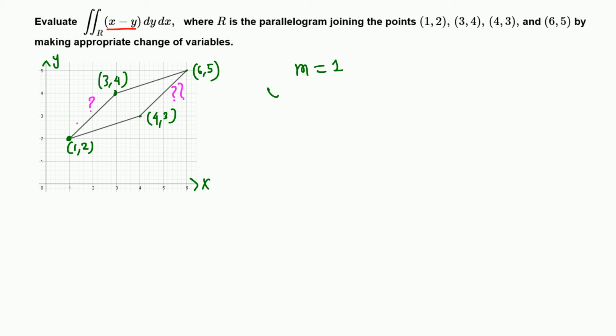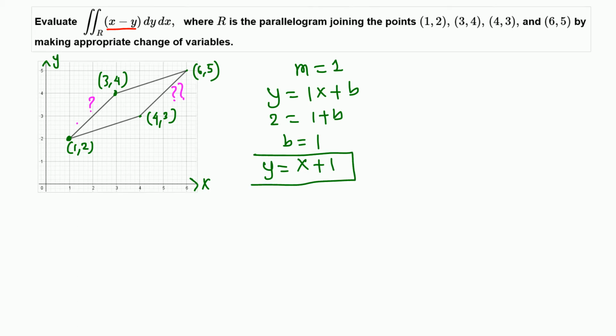Slope is 1, so y equals 1x plus b. To determine the value of b, we use one of these points, (1, 2) or (3, 4). Let's use (1, 2). So 2 equals 1 plus b, subtract 1 from both sides, b equals 1. So the equation of this line is y equals x plus 1.